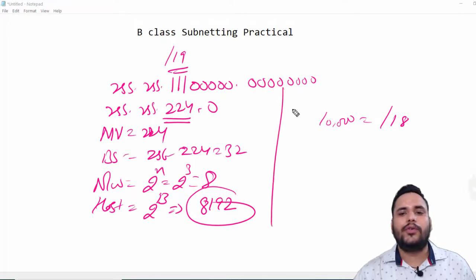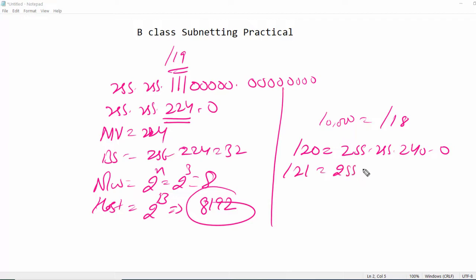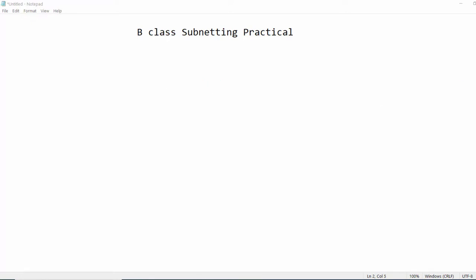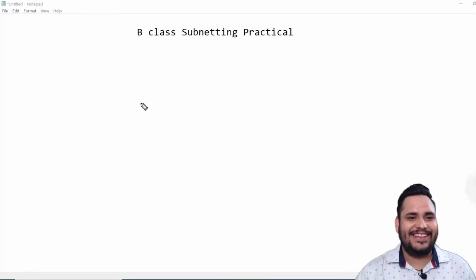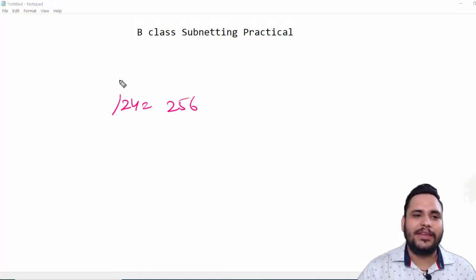If you use /20, then your subnet mask is 255.255.240.0. /21 subnet mask is 248.0. /22 you can solve as 252.0, and /23 is 255.255.254.0. When you find these values, I will provide you one cheat sheet. In /24 we had 256 IPs.